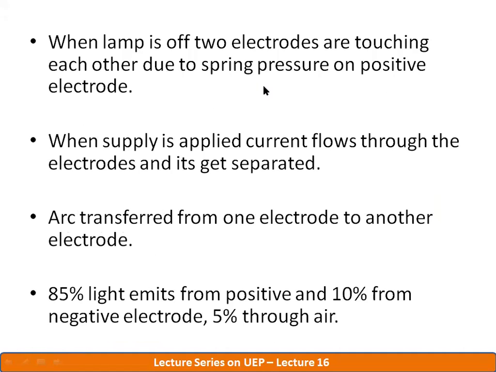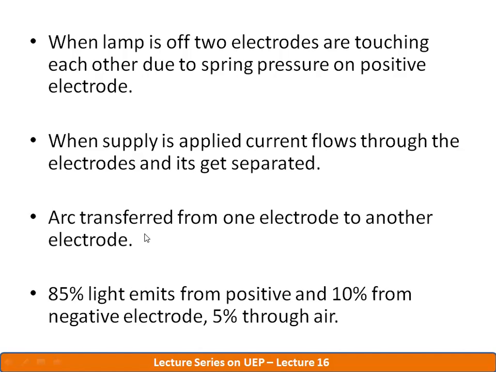When the lamp is in off condition, the two electrodes are touching each other due to the spring pressure on the positive electrode. When supply is applied, the current flows through the electrodes and they get separated. The spring action separates the two electrodes.